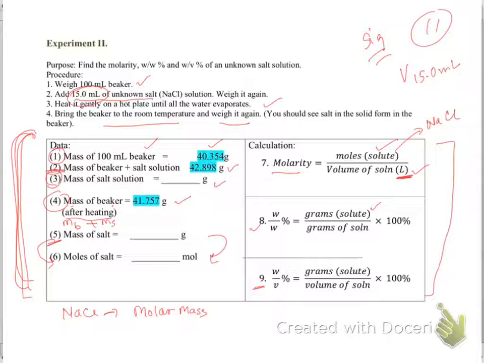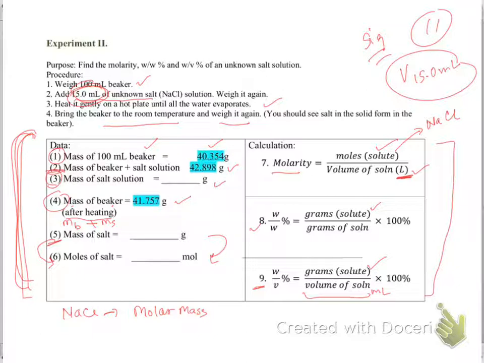Then number 9, grams of solute, again the mass of solute or the mass of the salt, divided by the volume of solution, and this volume of solution has to be in milliliters, and that was given here, which I wrote down here. So you do the calculation of 6, 7, 8 and 9 and you show the work.